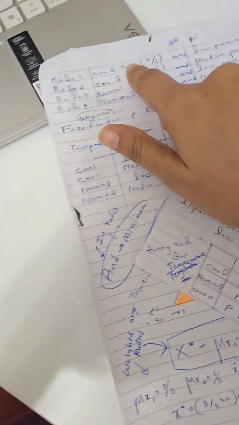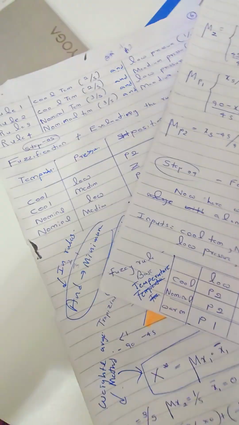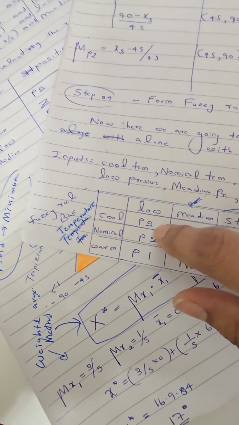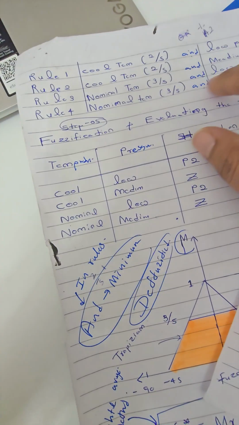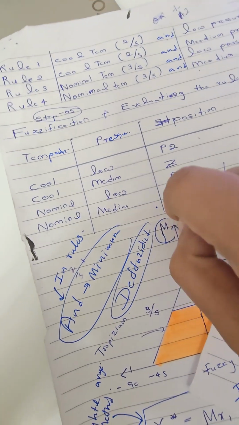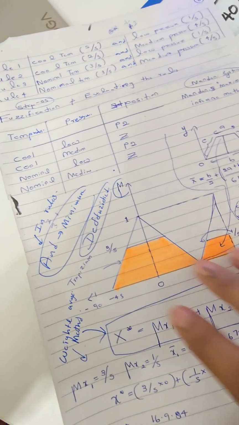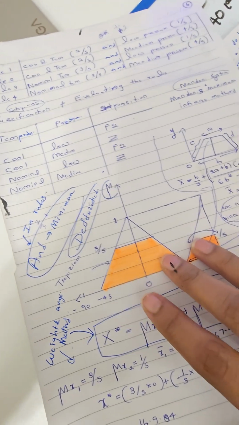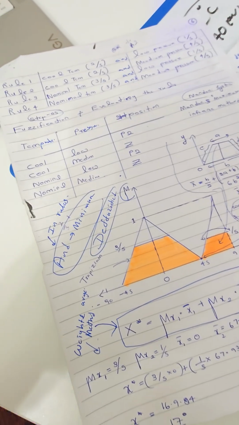For cool temperature and low pressure, P2 will be my position. In that way, I wrote down all of these positions for my input values. Then after, I am going to do my defuzzification.